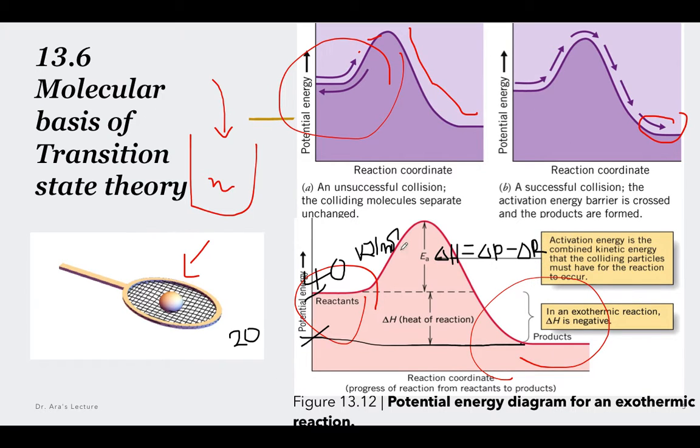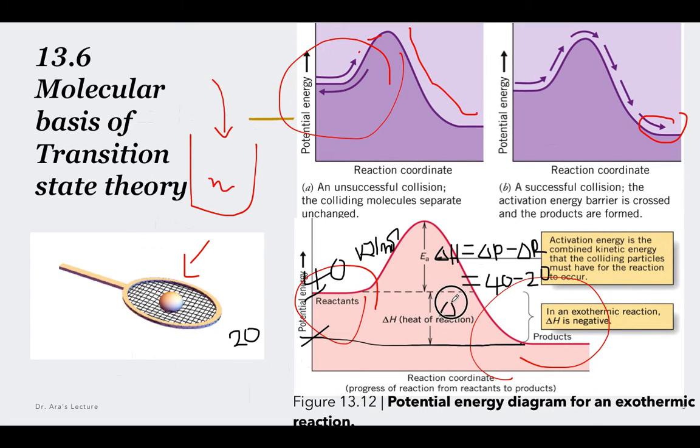So that means the total energy change will be the energy of the product subtract the energy of the reactants, obviously. We start the reaction with, let's consider, 40, and when we got the product we find 20.